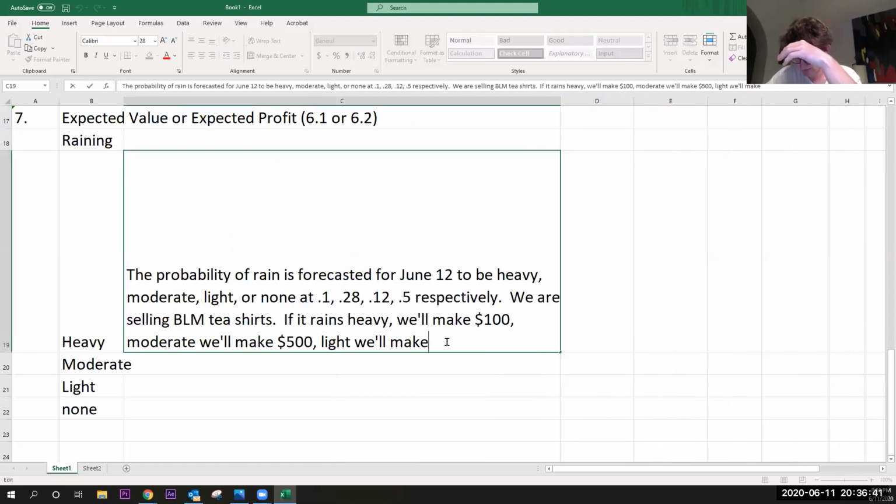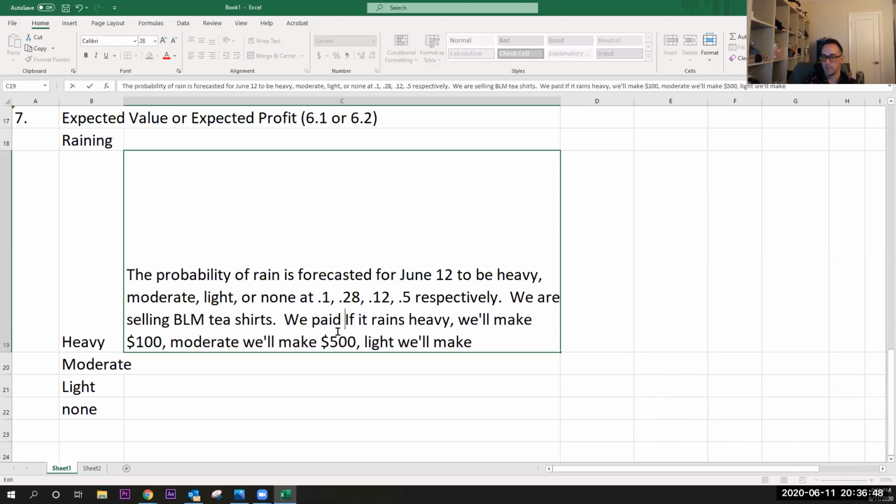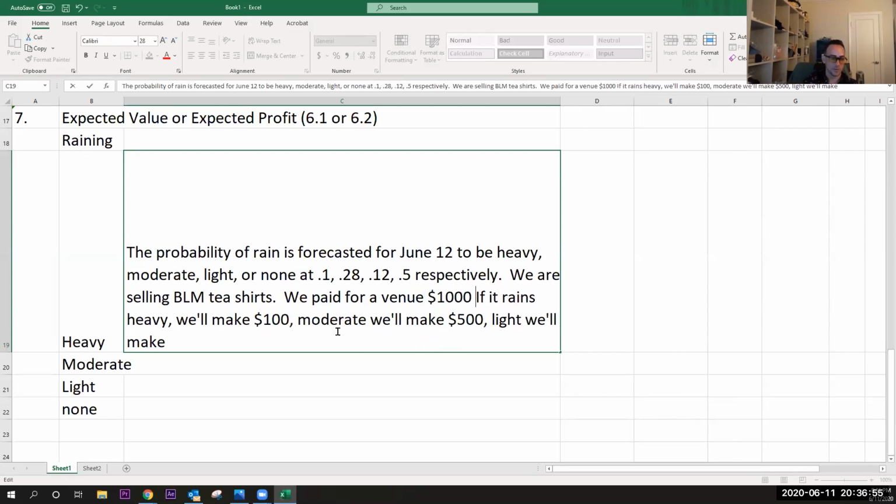So how can we make this problem into something, let's say we paid for a venue, how much? $1,000 for tomorrow, the 12th. We paid $1,000. So we're invested. But rain could mess us up, right?